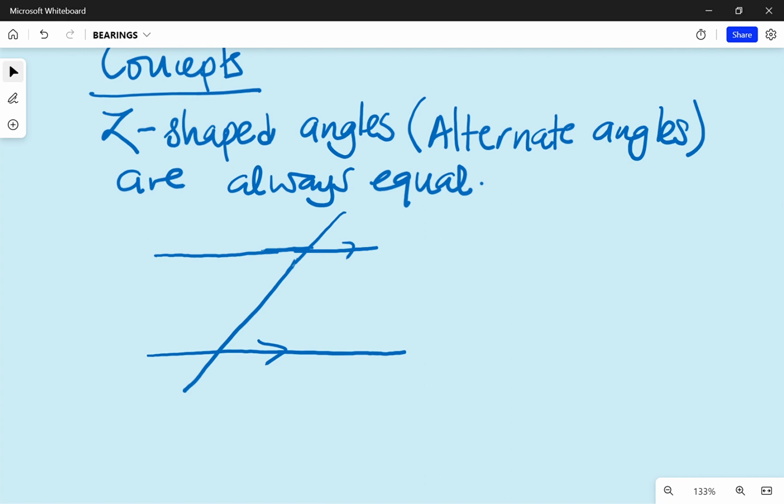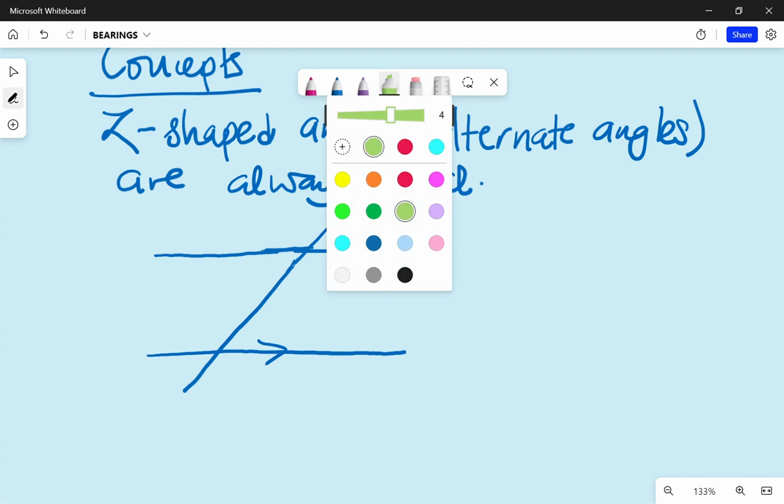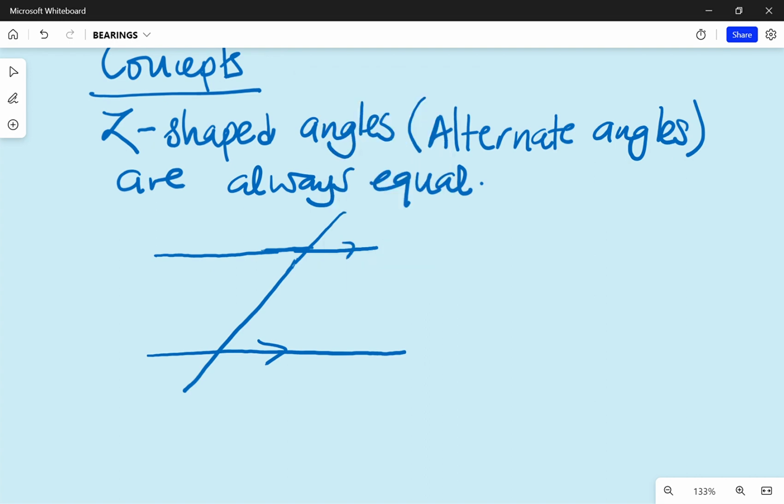So you can see that here we are forming some sort of a Z. I hope you can see that there is a Z shape that is formed.